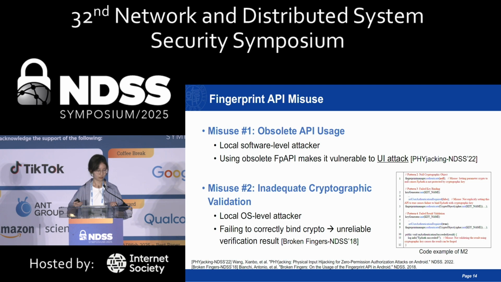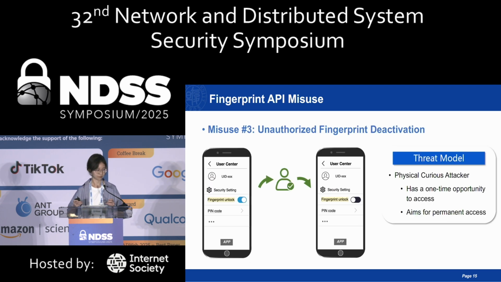And the second one, inadequate cryptographic validation, targets a local OS-level attacker with root privilege. It was first proposed by a great work, Broken Fingers, in NDSS 2018, which shows that failing to correctly bind crypto will result in unreliable verification results. And our work will measure the current misuse state and provide some insights.